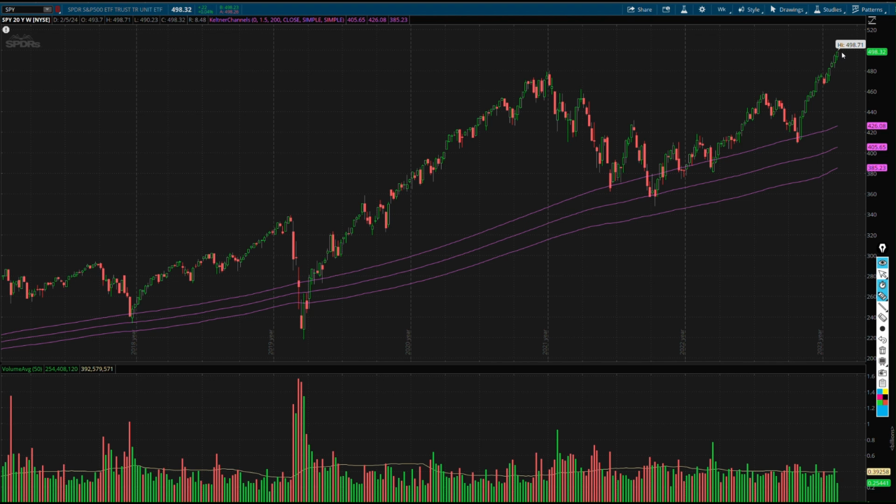So in case we see another correction in the next 1 or 2 months, there is a high chance it can come to 425 to 440 depending on how long the rally goes.